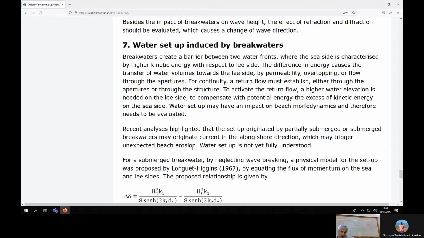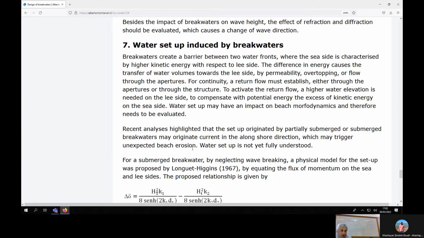Because in the offshore side you have a lot of energy, so water cannot go back. But in the longshore direction it's a calm situation, and therefore you can get a longshore current, which causes beach erosion.